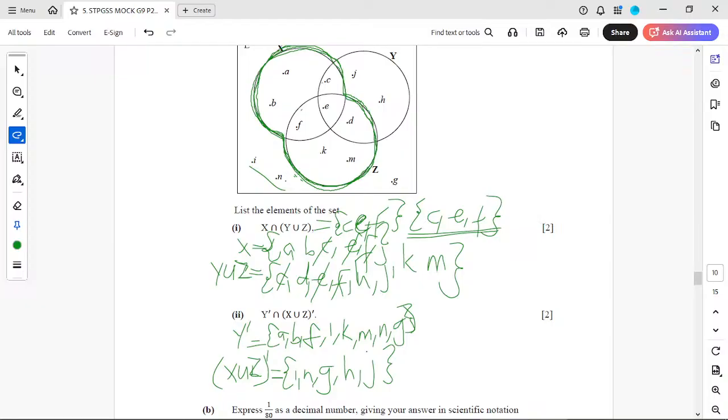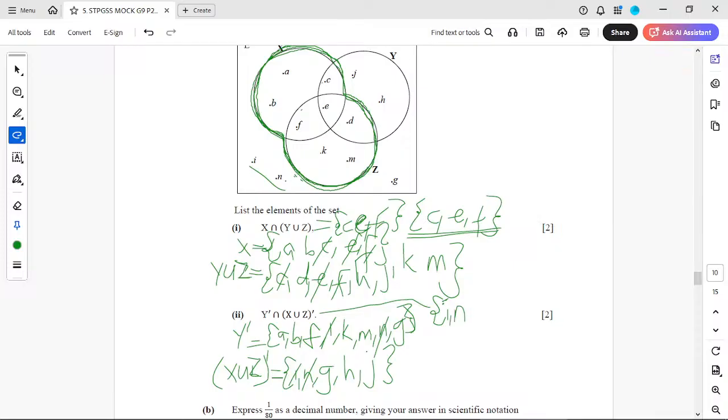Now, to find the answer for this one, I'm going to write the answer here. The set Y complement intersection X union Z complement. How do we find it? We look for common elements found in both. Here we have I and here we also have I, so we record I there. Then we have N, and there's N here, so we record N there.